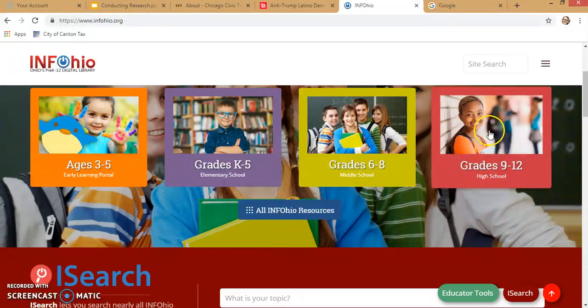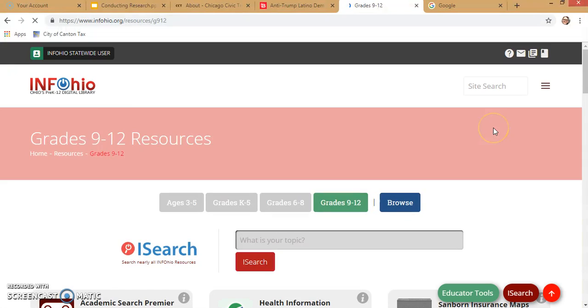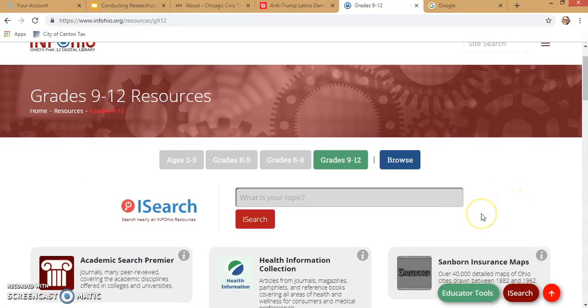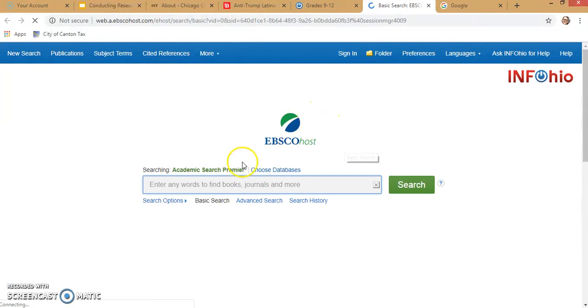But when you go to Info Ohio, the first thing you want to do is click on grades 9 through 12, because obviously you're in grades 9 through 12. Once you get there, it will give you a whole host of different search engines that you can use. I'm going to just click Academic Search Premier. All right. So this will be academic type sources that they will provide for me.